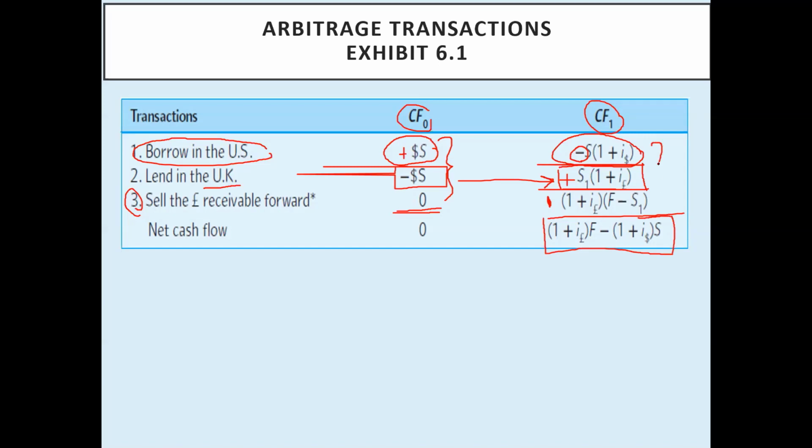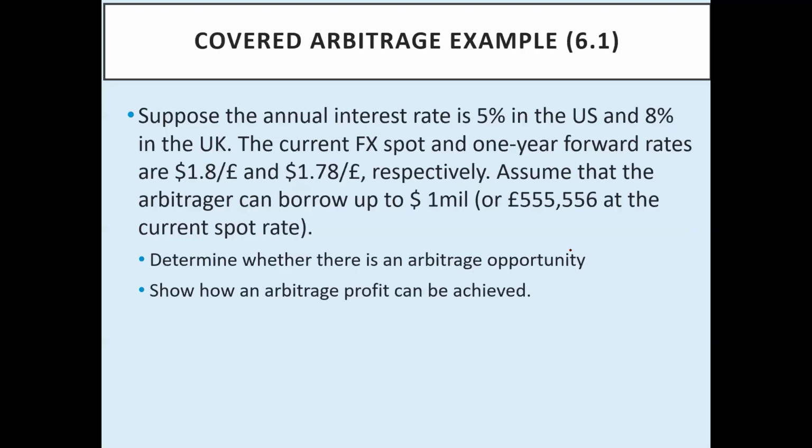So if I add up all these numbers, I will get this payoff, okay? So you don't need to memorize these slides at all. What I need you to do is just understand how to conduct this arbitrage problem, okay? So let's go through a numerical example to see if we understand what we are doing here, okay?